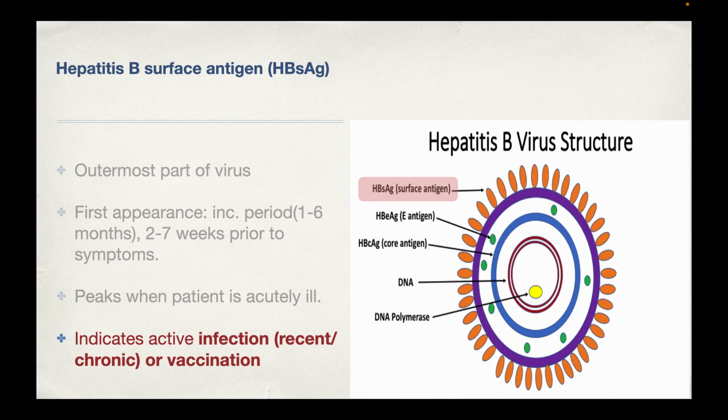Now, it is important for us to note this because the vaccine which we use in immunization for hepatitis B uses the inactive form of the hepatitis B virus in its preparation. And so in periods shortly after the vaccination of an individual for hepatitis B infection, the person may test hepatitis B positive.